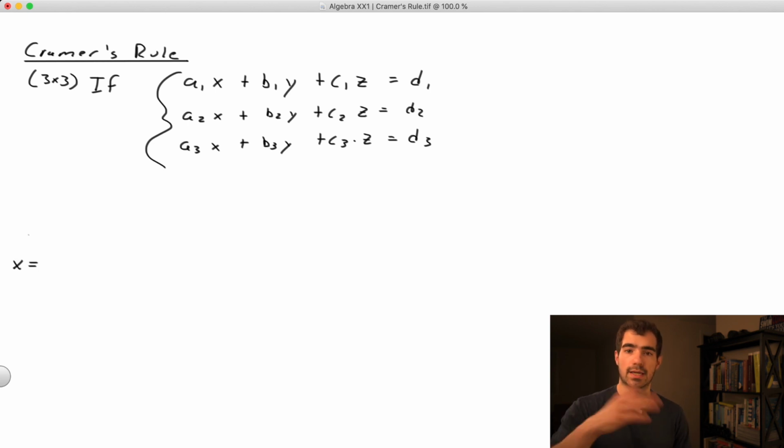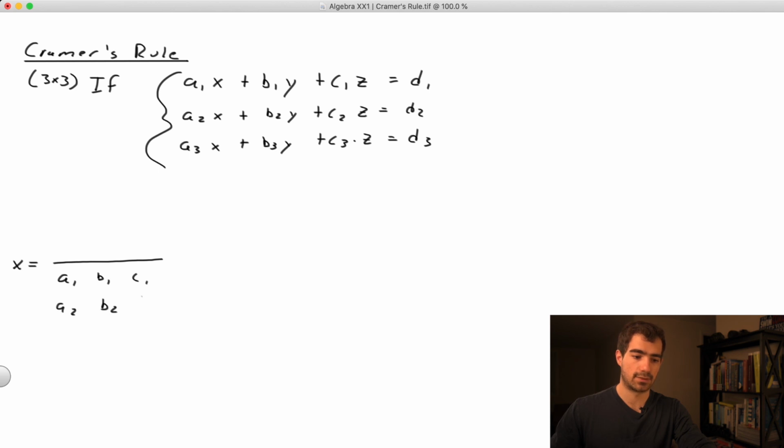And just like with the 2 by 2 case, the denominators of all of these will have the same matrix, which will be determined just by the coefficients of the 3 variables. And so in every case here, we will divide by a1, b1, c1, a2, b2, c2, a3, b3, and c3, and take the determinant of all of those.